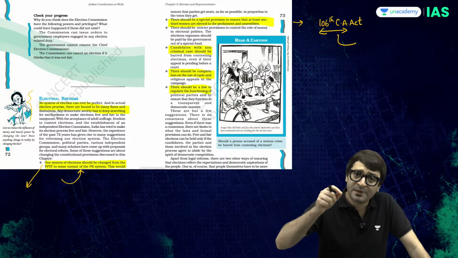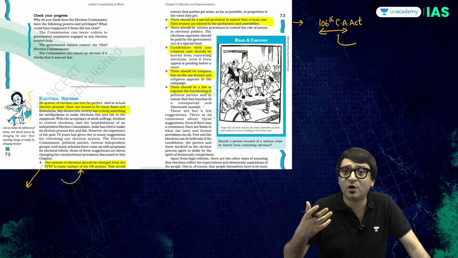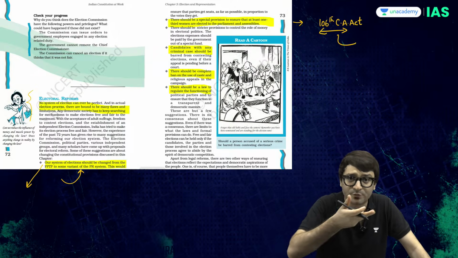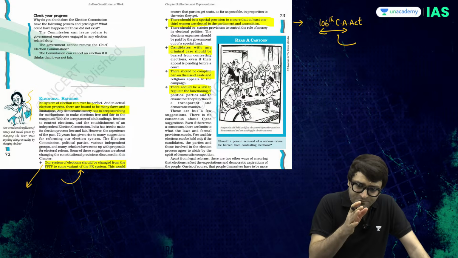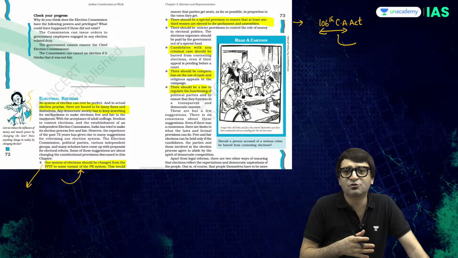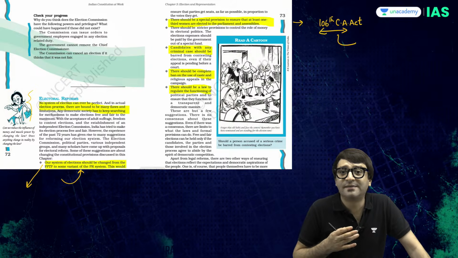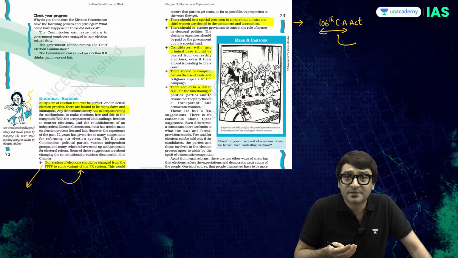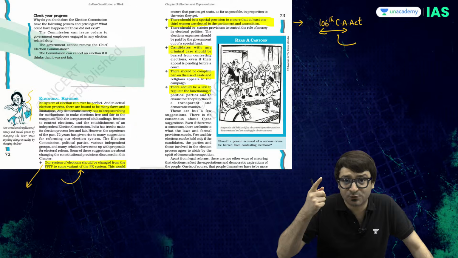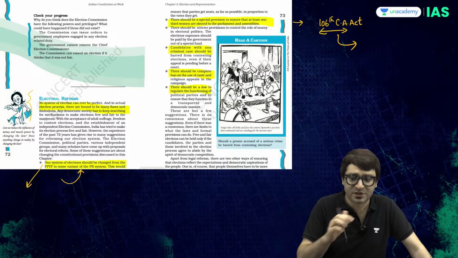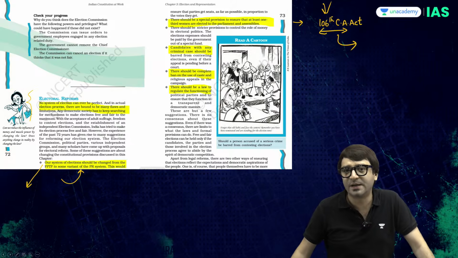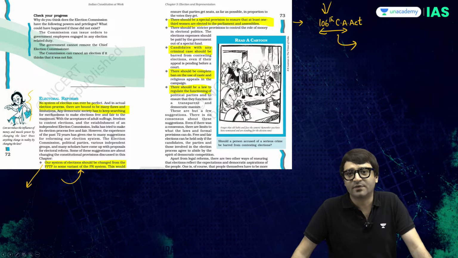And do you know how many years it took them to give an award? Award in the sense, how many seats are to be reserved, where? 6 years. So if Delimitation Commission is to be set up in 2026, it might take 5 years, 4 years, which means till 2030, which means even in 2029, we won't see, unfortunately, the implementation of the women's reservation system.